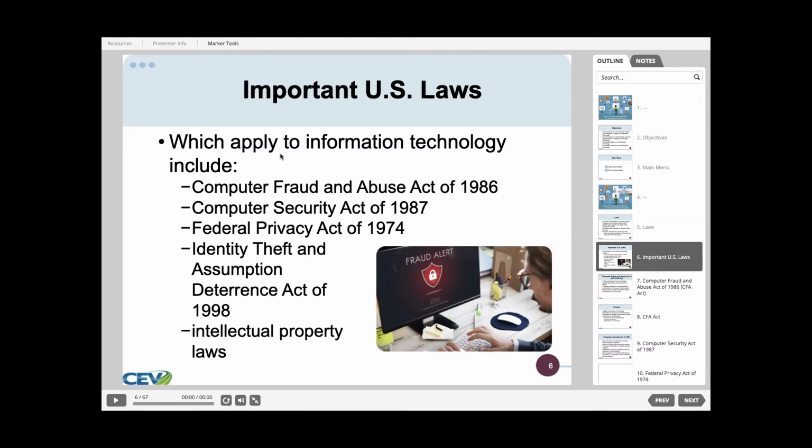Important U.S. laws: Computer Fraud and Abuse Act, whatever. This is from 30 years ago. I'm sure there are probably some parts of it that mean something today, because this is where history kind of came from. But when you look at the Federal Privacy Act of 1974, have there been updates to it? For years now, people have been taking photos on their phone.